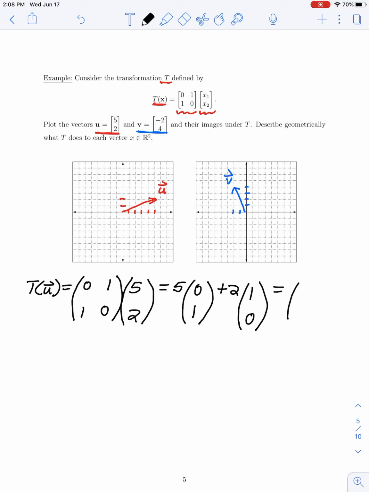So that leaves us with 2, 5 as the image. So here the vector 5, 2 has mapped to 2, 5. So let's sketch the image of that transformation, or of this vector u. So now we are moving 2 units to the right and 5 units upward.